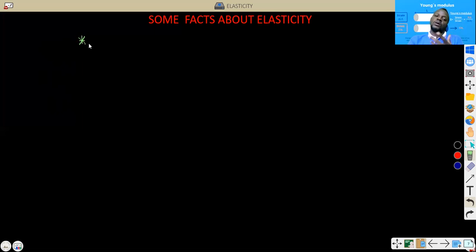I think it's important to recall that the modulus of elasticity is the measure of stiffness. I think I talked about that in the last class, but I didn't give more illustration about that.